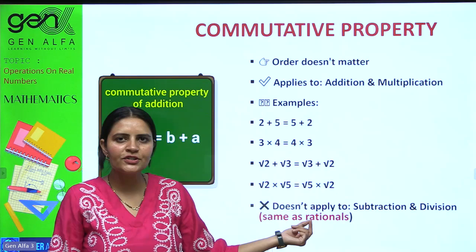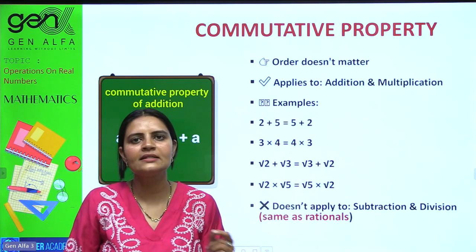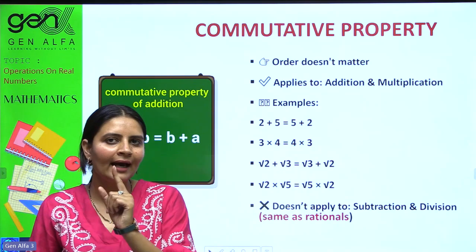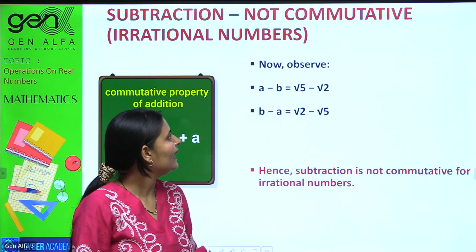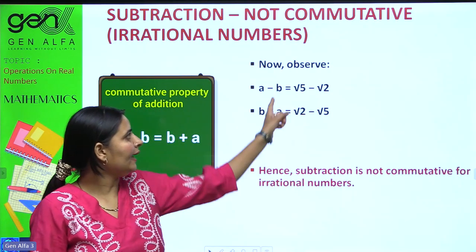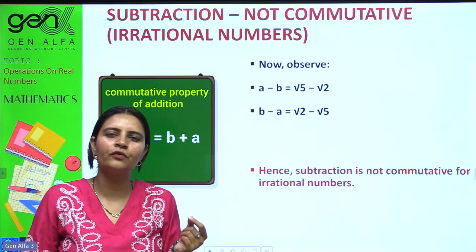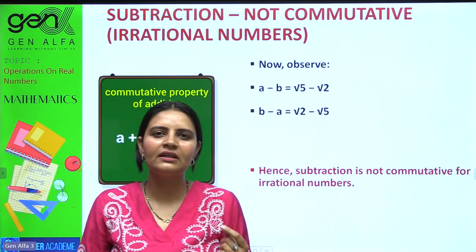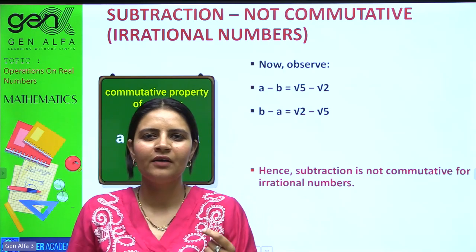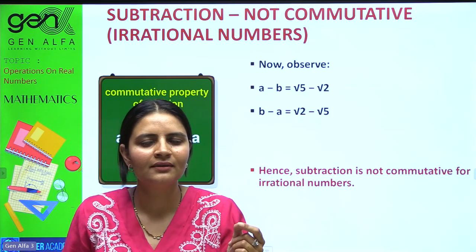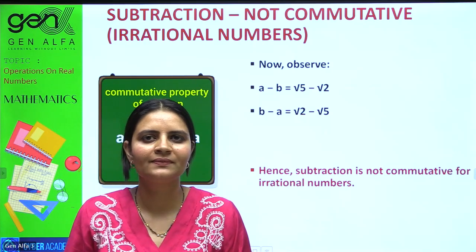But in case of irrationals, subtraction and division does not work. How? Like rationals. As you can see here, a minus b, that means under root 5 minus under root 2. Whatever the value of under root 5 is, whatever the value of under root 2 is, whenever you are subtracting it and after flipping the order, will it be same?